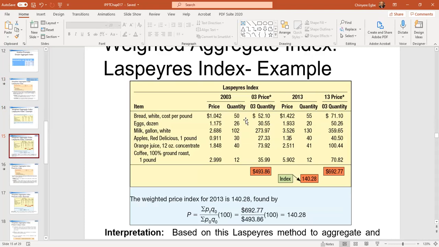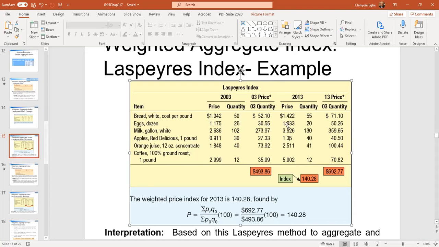So we calculate the price. We take the price of 2013. The price here is $1.42, and then the quantity is 50.